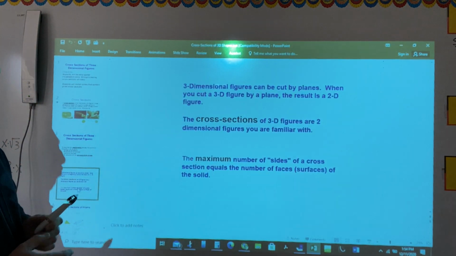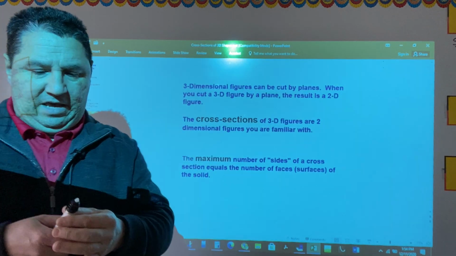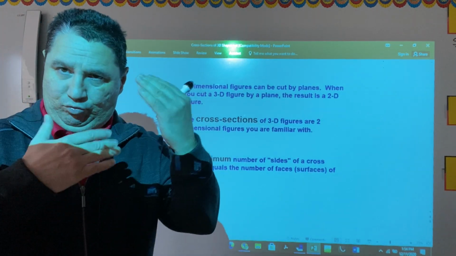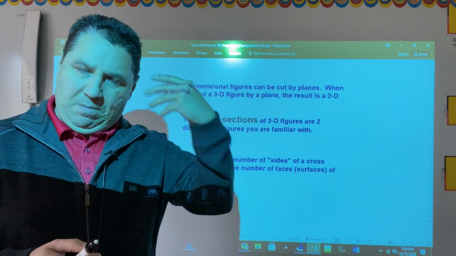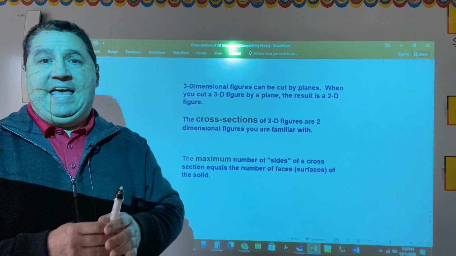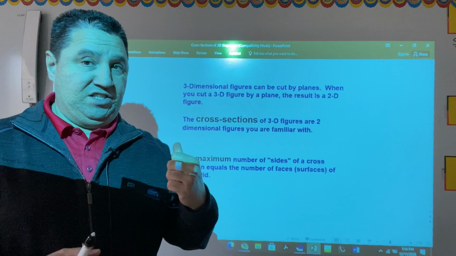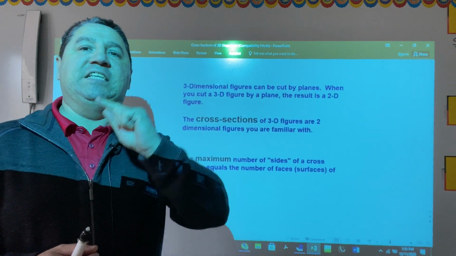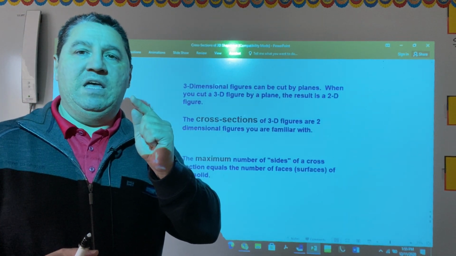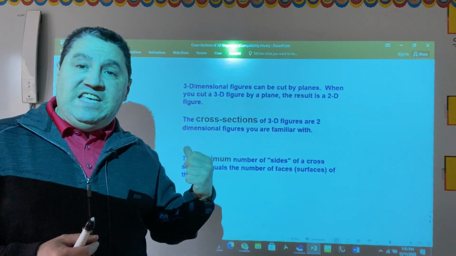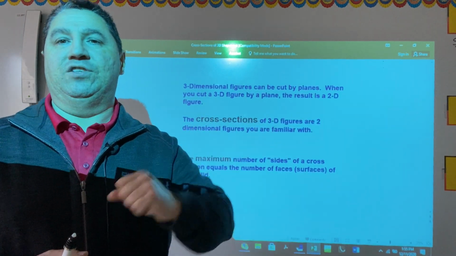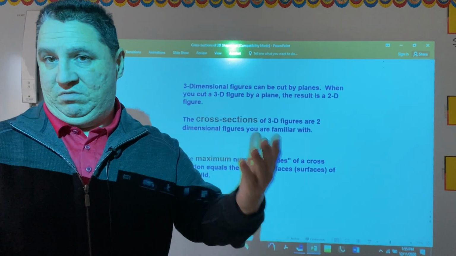Now, as a rule of thumb, and we have to remember this rule, the maximum number of sides of a cross section cannot exceed the number of faces of the solid that is cut.